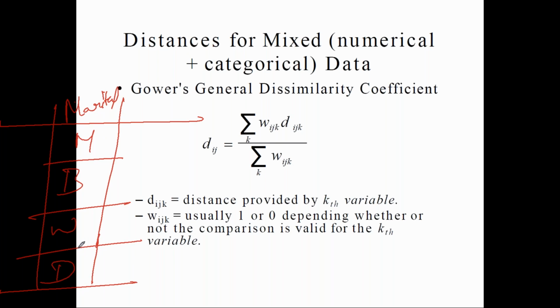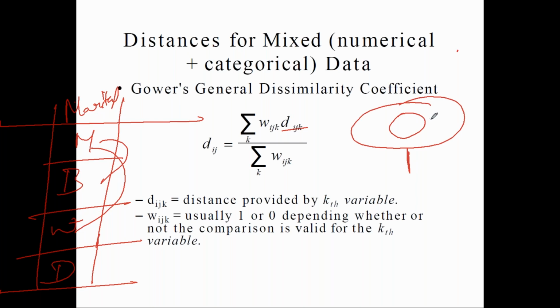If you have the same category, the distance will be 0. If you have different categories, like one is married and another one is widow, there is a difference in category, and the distance is 1. Getting my point?